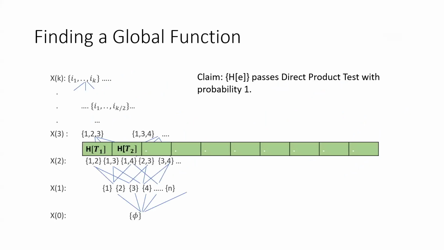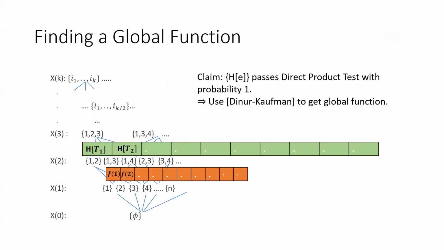Okay. And in the general case, when you don't have list consistency with probability 1, but let's say only with probability 0.99, then, sorry, there's a typo, but we get that this direct product test passes with probability close to 1, and then you can use the Dinur-Kaufman result on HDX to get a global function.